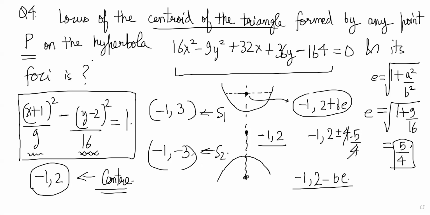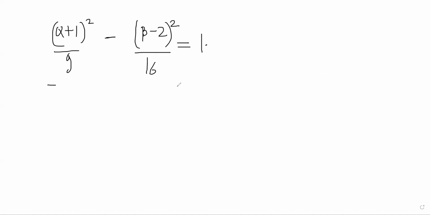And now I need the locus of the centroid of the triangle formed with a point P on the hyperbola, right? A random point on the hyperbola would be, let's say, alpha comma beta, right? And centroid of this triangle, these three. So we know that alpha beta satisfies alpha plus 1 whole square by 9 minus beta minus 2 whole square by 16 equals 1.